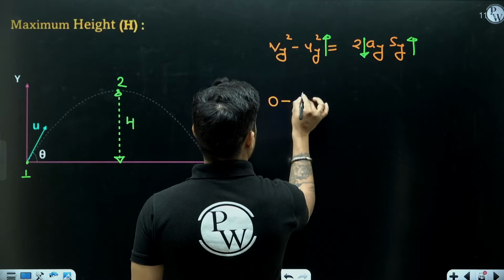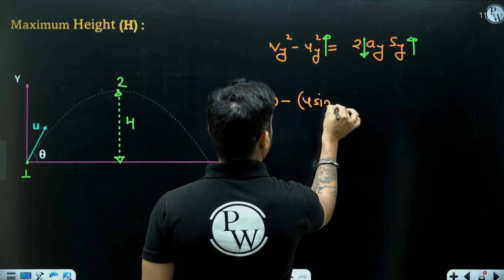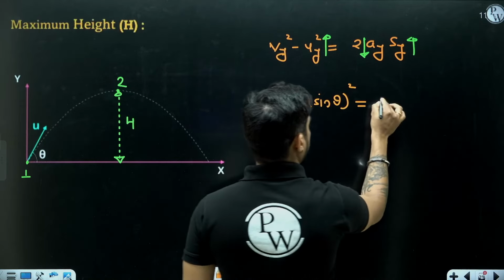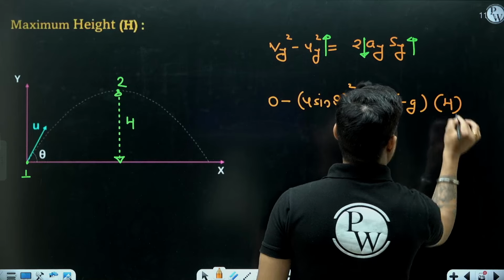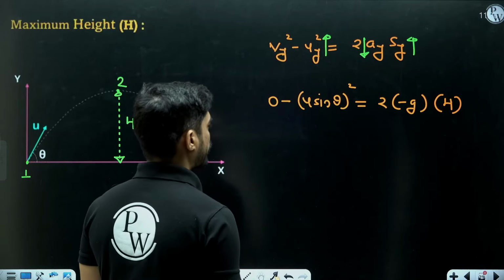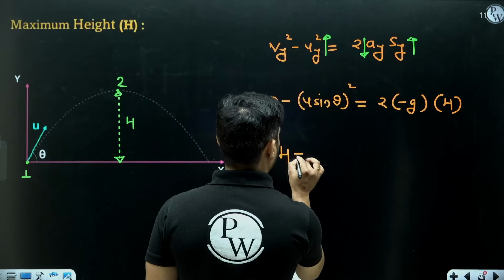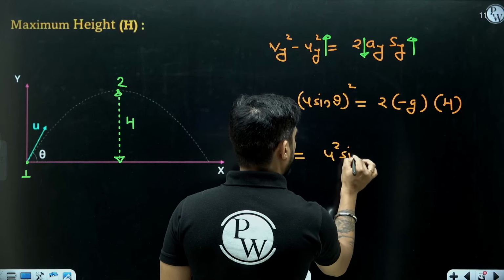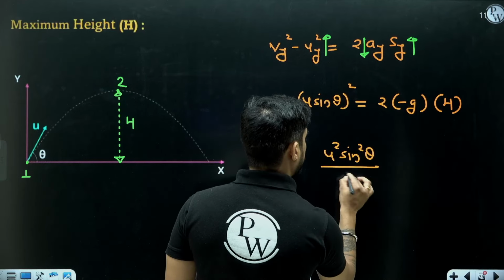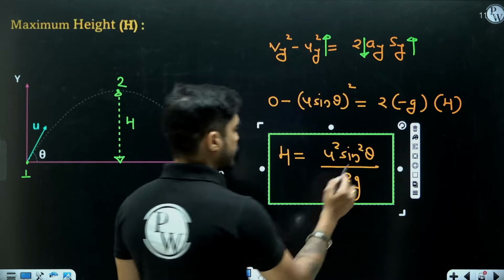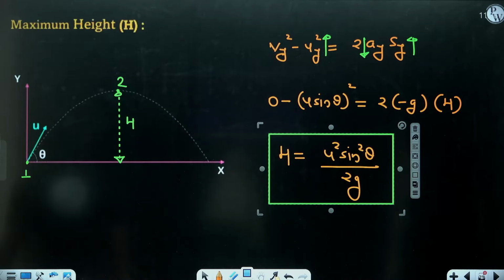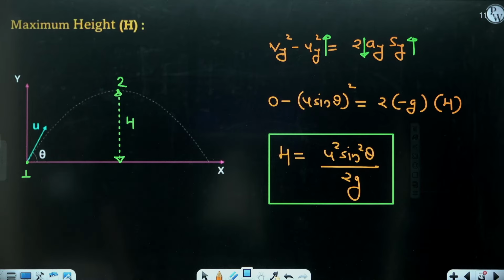So this will be 0 minus u sine theta whole square equal to 2 into minus g into h. So h will become u square sine square theta by 2g. So this is the maximum height, u square sine square theta by 2g.